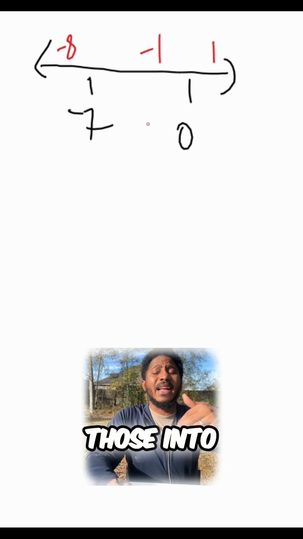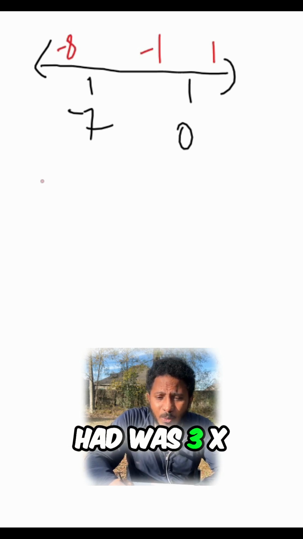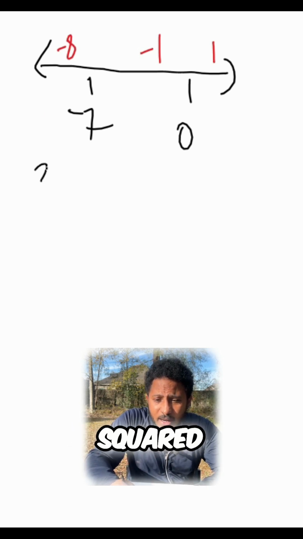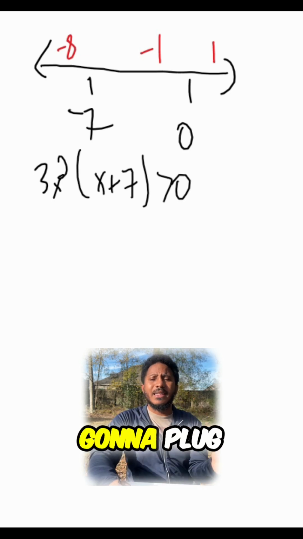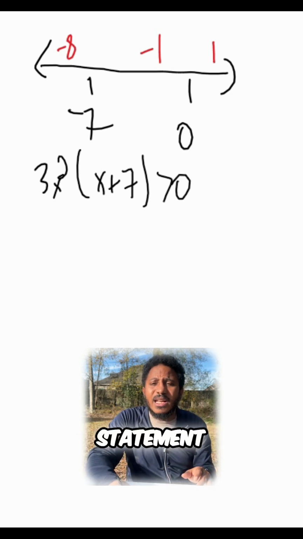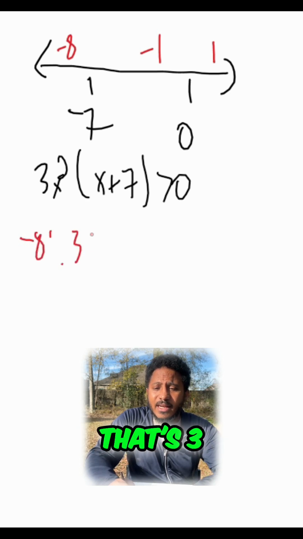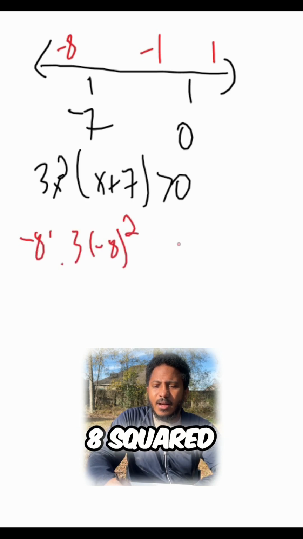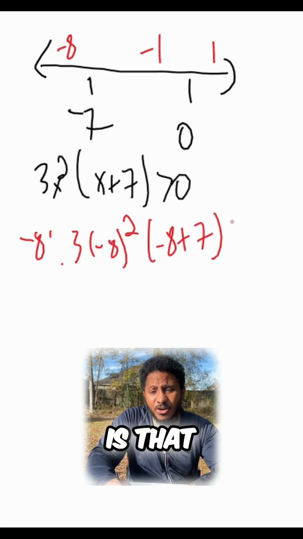We're plugging those into any of the inequalities to see if it's a true statement. The last inequality we had was 3x squared times x plus 7 greater than 0. So if I plug in negative 8, that's 3 times negative 8 squared times negative 8 plus 7. Is that greater than 0?